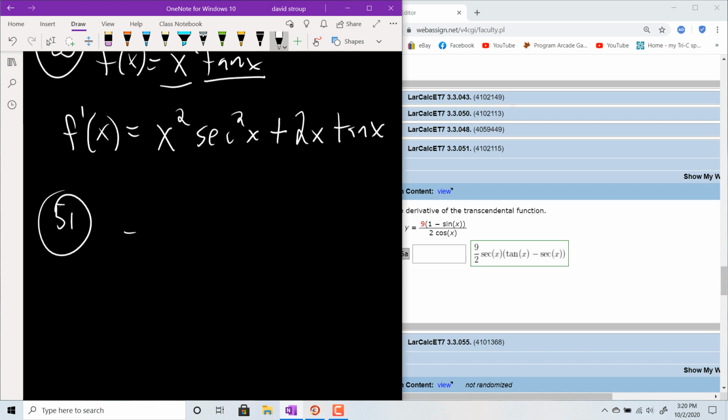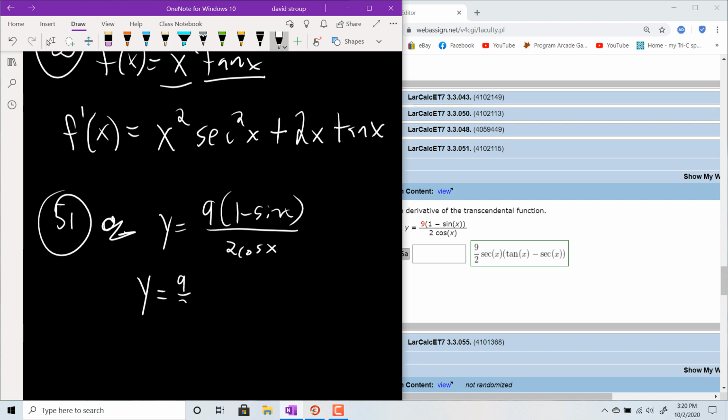We have y equals 9 times 1 minus sine x all over 2 cosine x. There's 2 ways to approach this. You could factor out the 9/2, kind of like rewrite it as 9/2 times 1 minus sine x over cosine x.